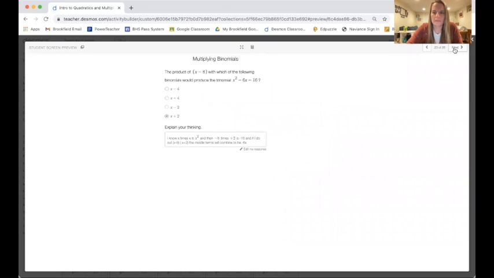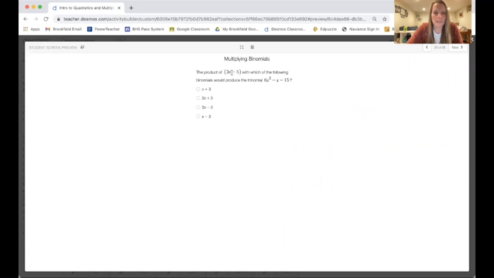Few more. So same idea here. 3x minus 5 times something equals 6x squared minus x minus 15. We're going to use the first and the last term to help us. So 3x times something equals 6x squared, and that's going to be times 2x.